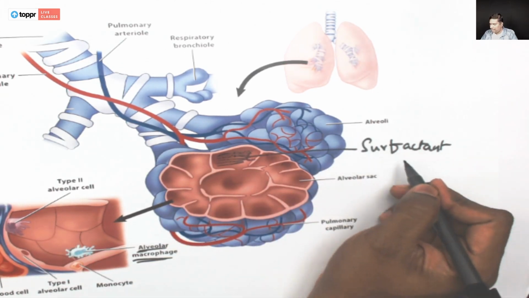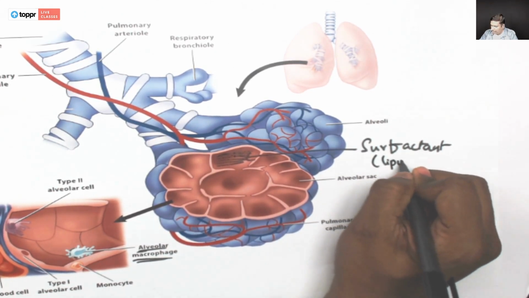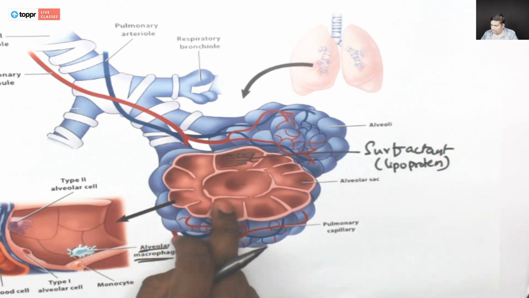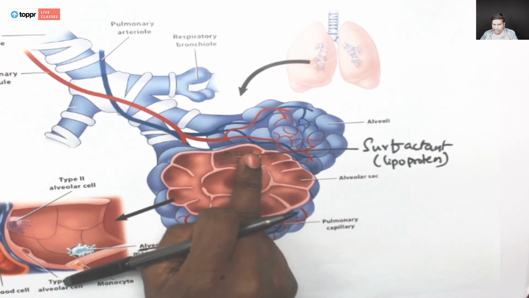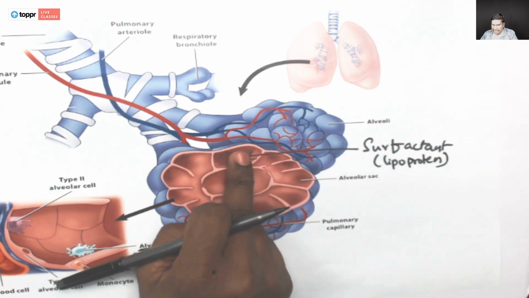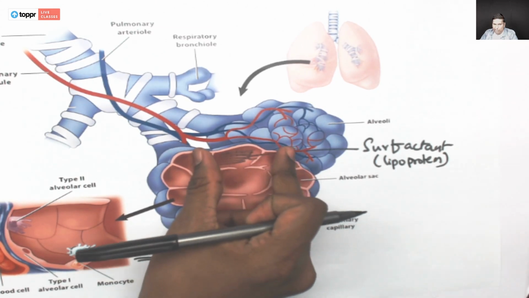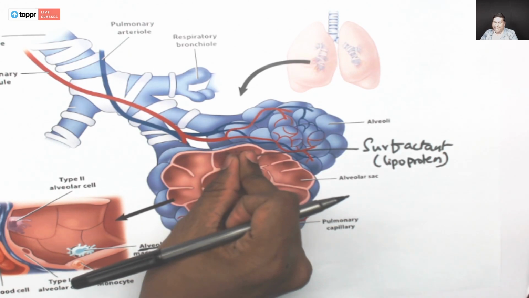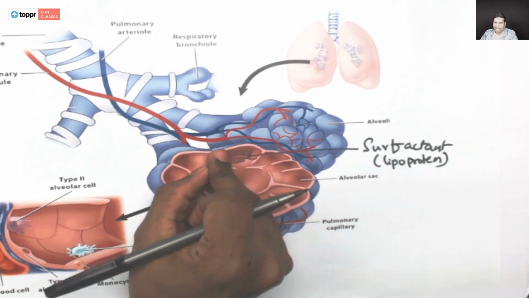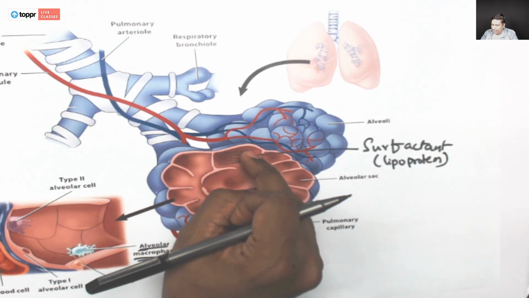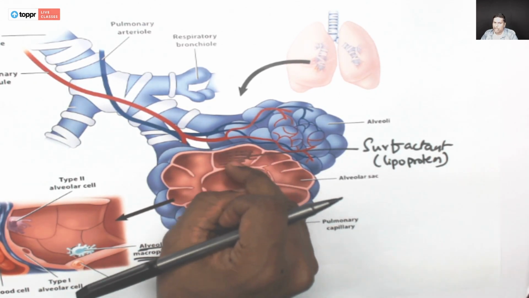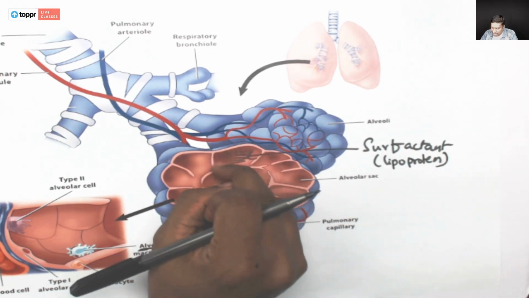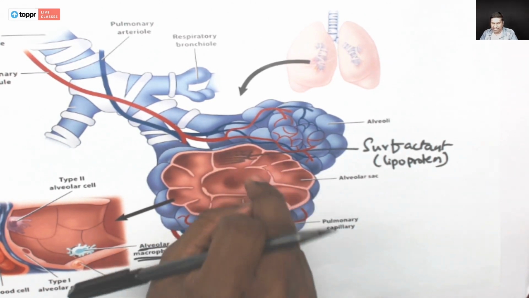This is basically a lipoprotein. So this inner layer is coated with that, and the surfactant prevents the alveoli from closing. When the walls come closer, they won't stick and collapse because they are coated with the surfactant. So the surfactant is preventing the alveoli from closing completely, because their inner walls are coated with it.